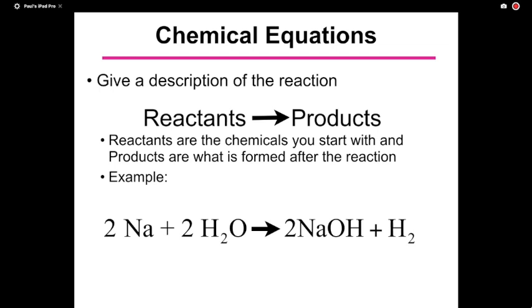The once upon a time are the things you start with, the things that react, the reactants. The arrow indicates something has gone on, and happily ever after is what is produced, or the products, the final products. And so we're going to tell you what we start with, and we're going to tell you what it becomes, and this is a chemical story.